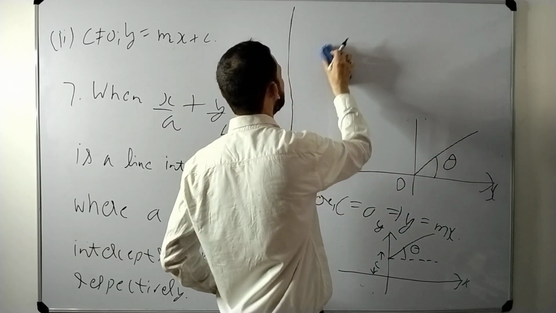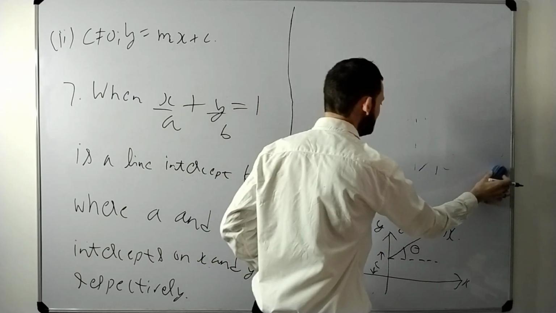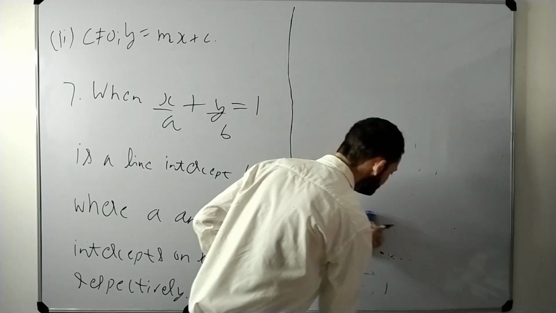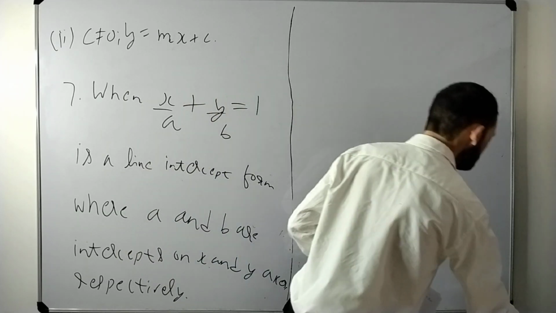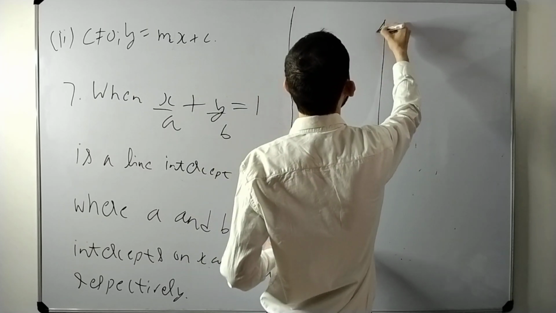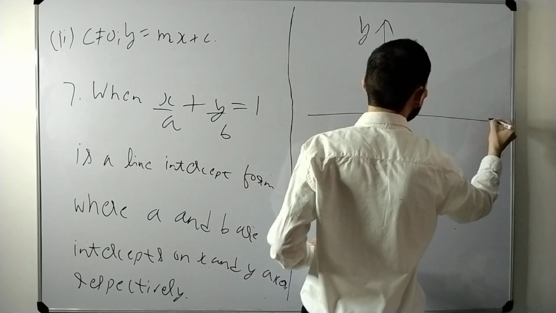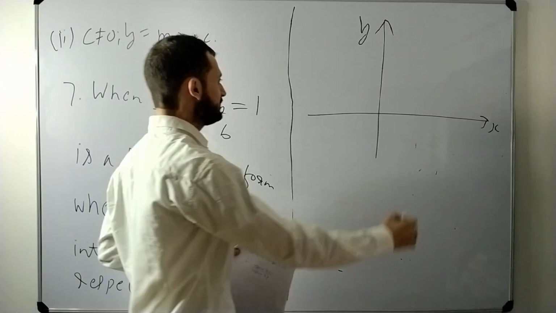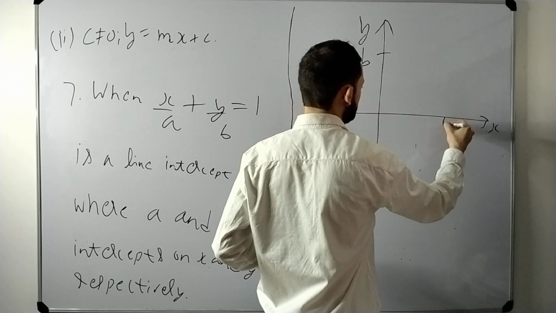So the graph becomes y and x, and this is actually b, and this is a on the x.